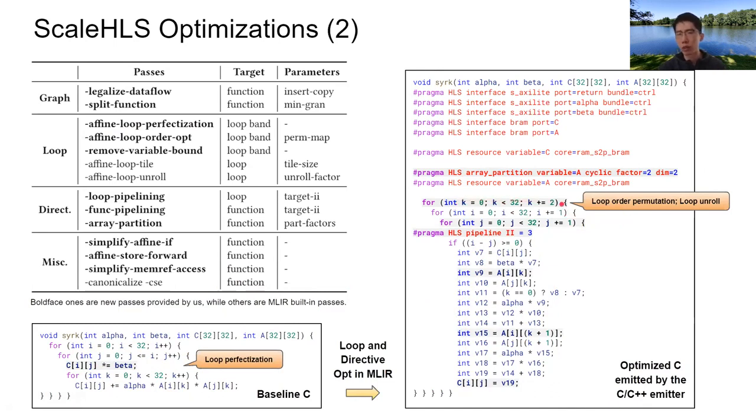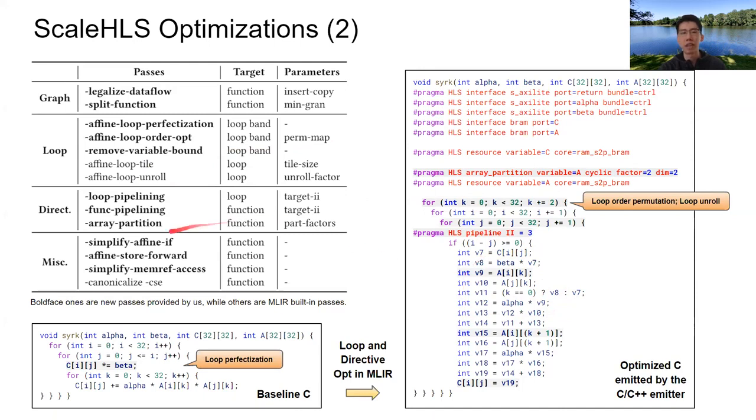For example, here, the K loop is permuted to the outermost. And meanwhile, we also have loop unrolling to unroll loops, to improve the parallelism of the computation and the performance. So here, the K loop is unrolled by a factor of 2. The step here becomes 2, and the loop body is duplicated two times.